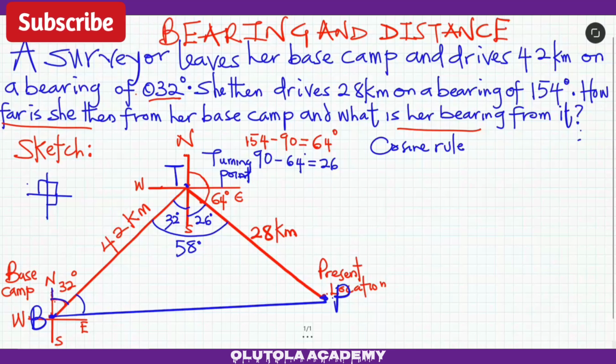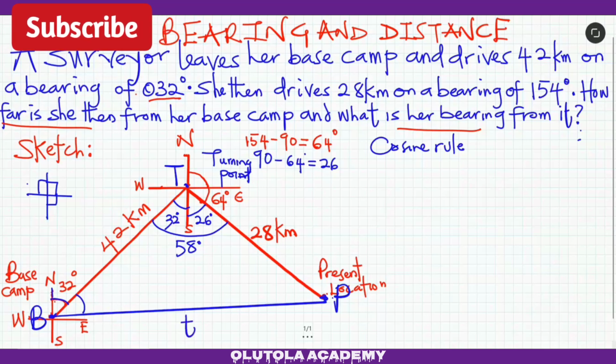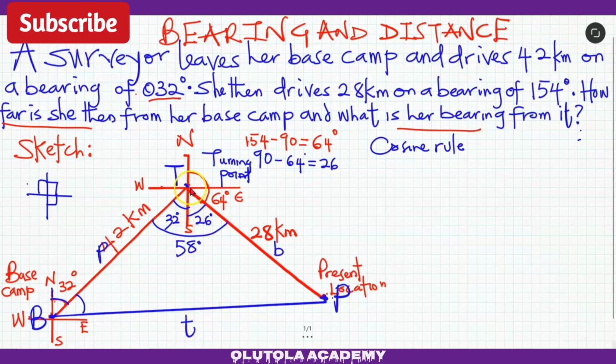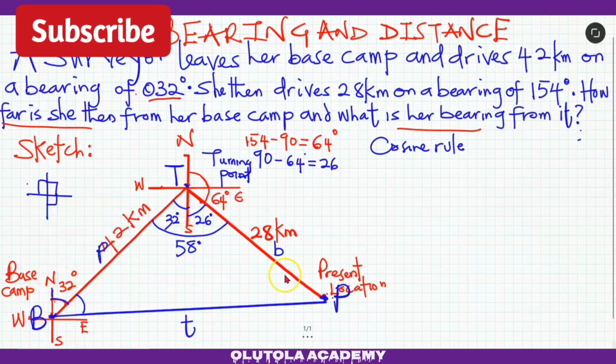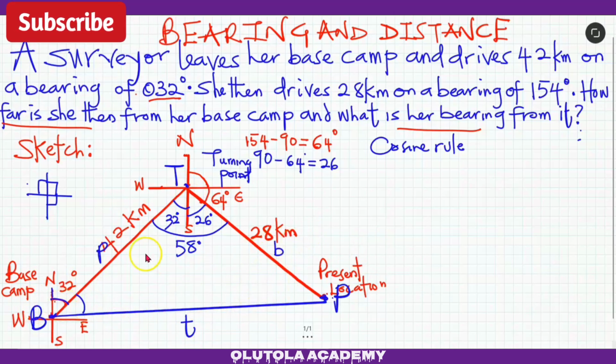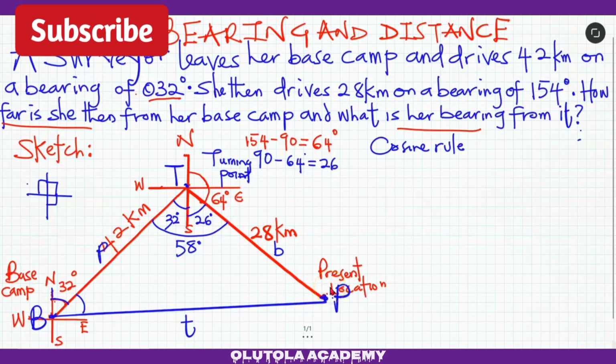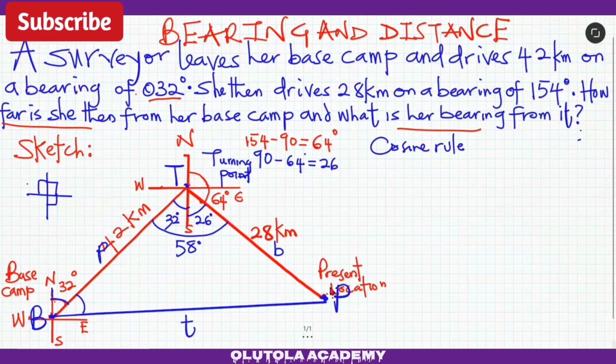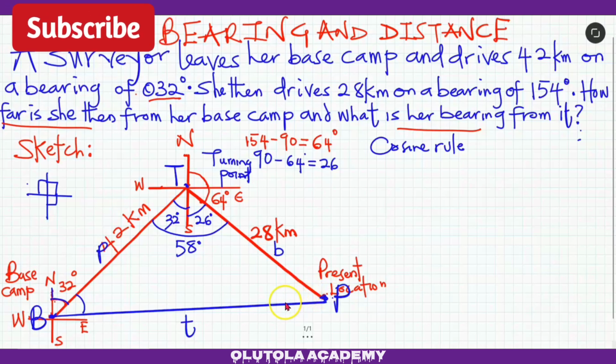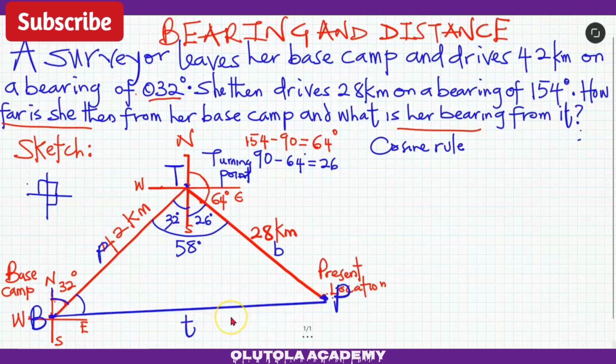Let me call it T. It's facing T up here, so I call this place T. I call this B, small letter b, and I call this P. Small letter t is facing angle T, small letter b is facing angle B, and small letter p is facing angle P. Okay, so to find the distance from the base point now, the distance from our base camp is T. I label it to be t.